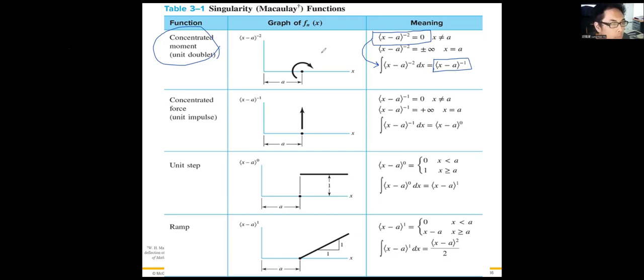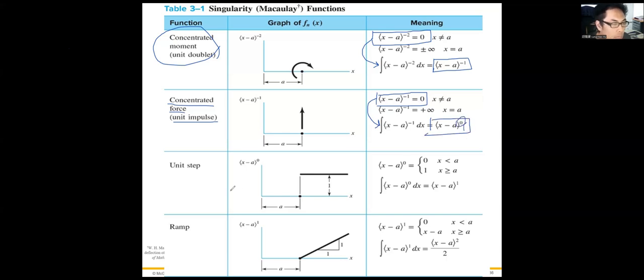And if this beam is subjected to a point load, or concentrated force, we can regard its singularity function as the unit step function. It will be like this, x minus a to the power of -1. And if we take the integration of this equation, its order will be modified to 0, right?